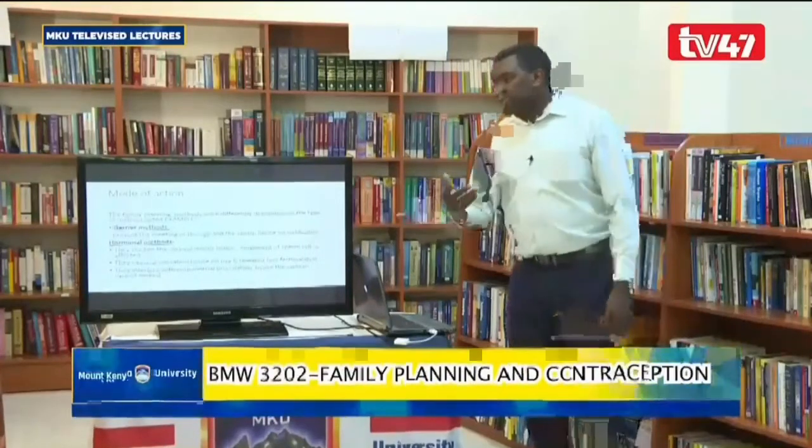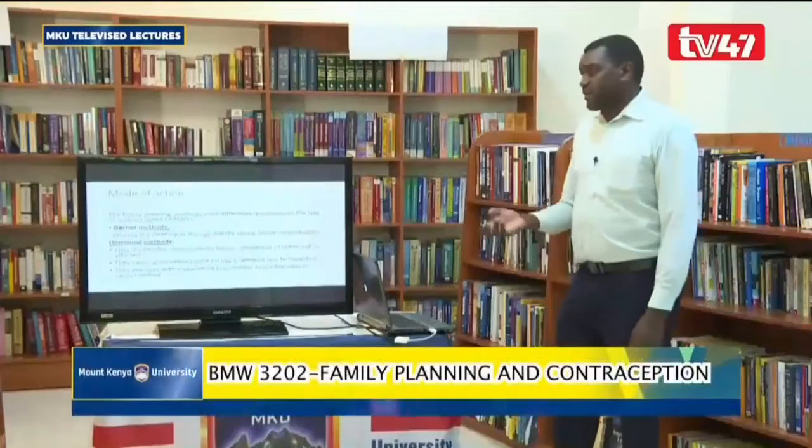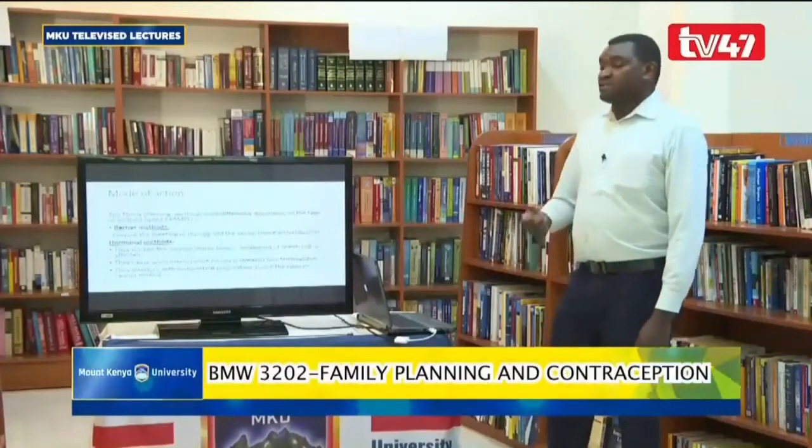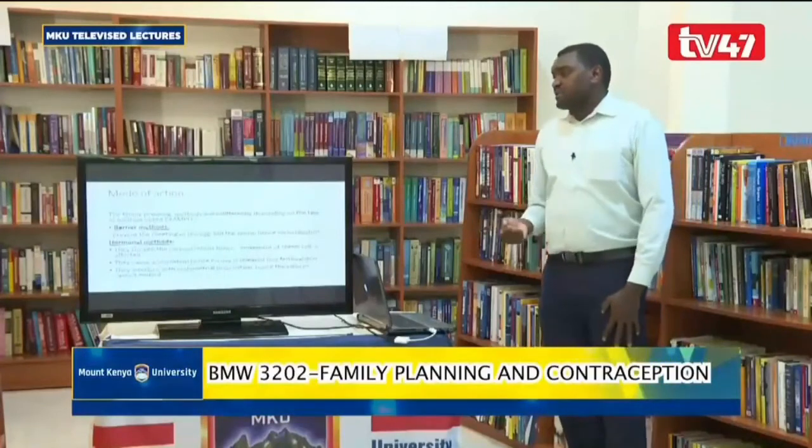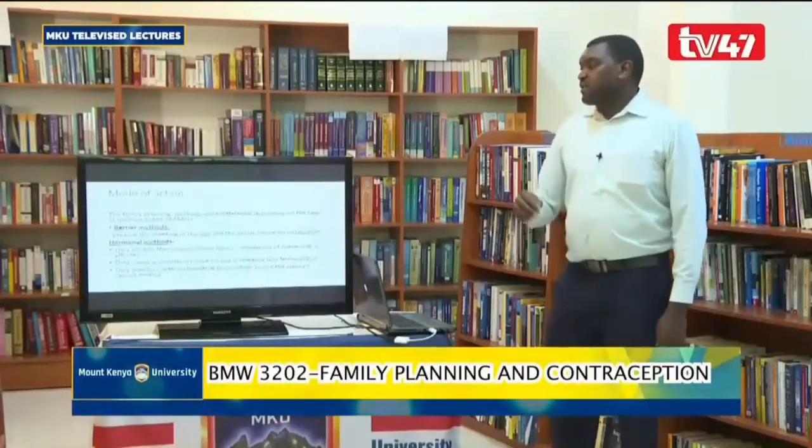So family planning methods work differently depending on the type of method opted for. Examples of barrier methods are male and female condoms and cervical caps. Their main way of preventing fertilization is by preventing the egg and the sperm from meeting, hence no fertilization will occur.